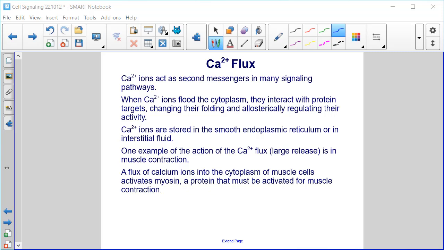One example of the action of the calcium ion flux, large release, is in muscle contraction. A flux of calcium ions into the cytoplasm of muscle cells activates myosin, a protein that must be activated for muscle contraction.